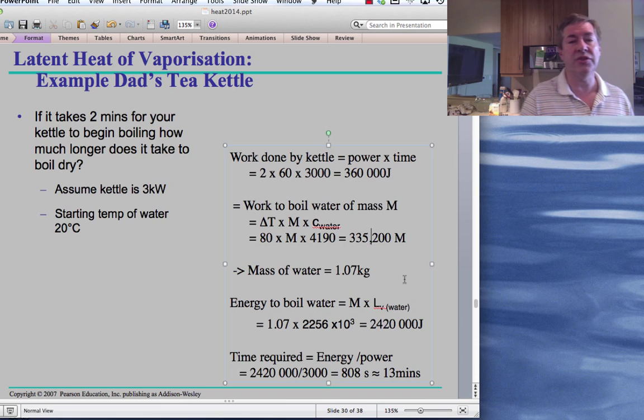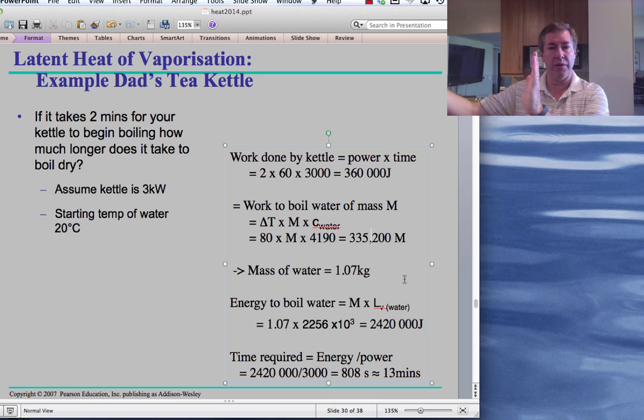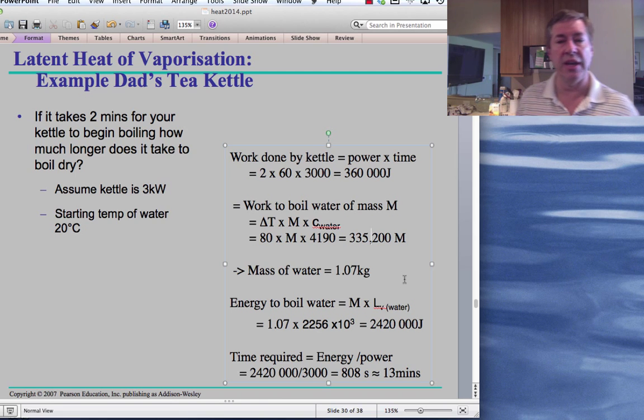What I'm asking in this question is, what is the ratio of the time it takes to bring the water to a boil versus boil all the water away? That just depends on the latent heat of vaporization of water and the heat capacity of water, and those don't change. That's true for all water, any quantities, in any kitchen with any kind of heater.